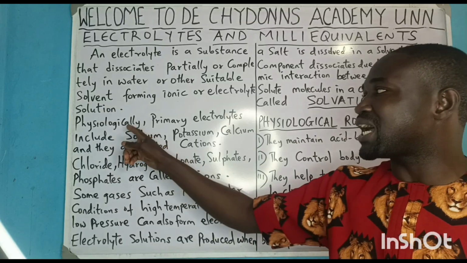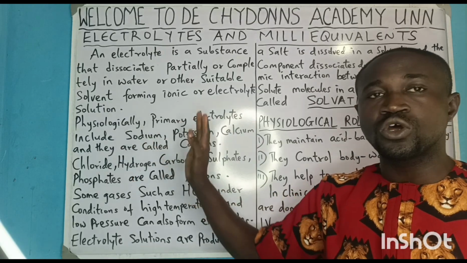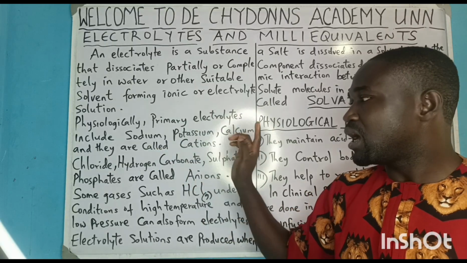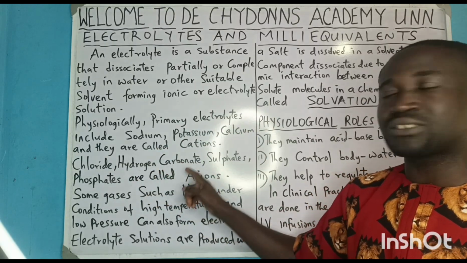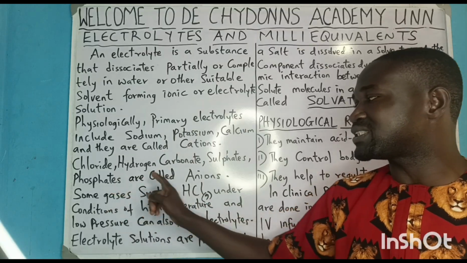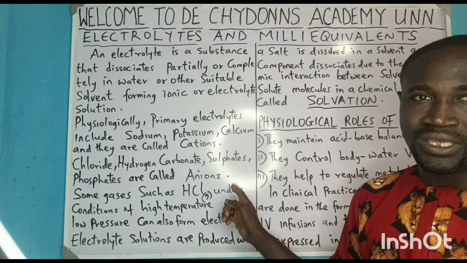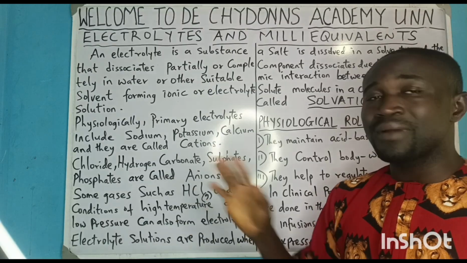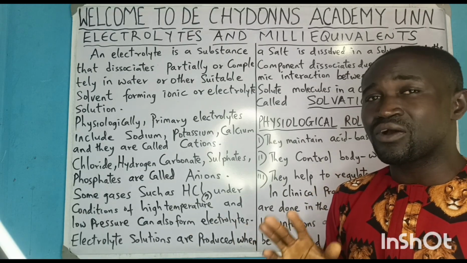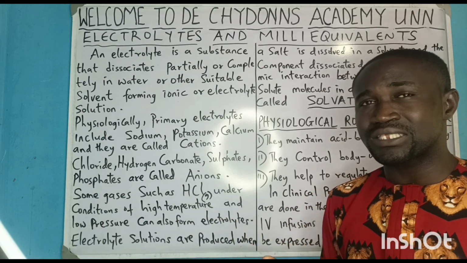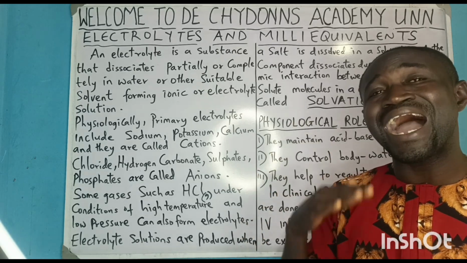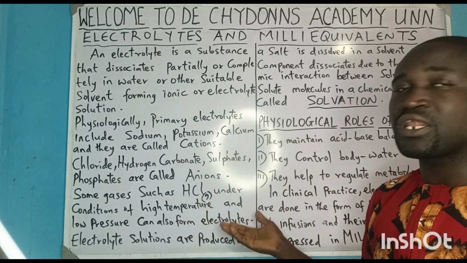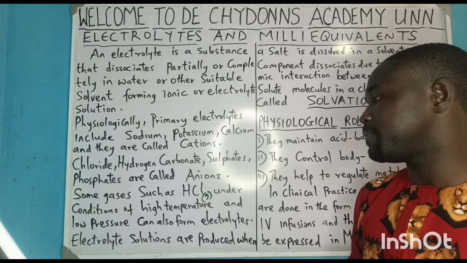So physiologically, primary electrolytes include sodium, potassium, calcium, and they are called cations. And chloride, hydrogen carbonate, sulfates, phosphates, they are called anions. That is about the physiological aspect of it. Some gases, such as HCl gas, the hydrogen chloride gas, under reduced pressure and high temperature, are also called electrolytes, or they form electrolytes, so to speak.